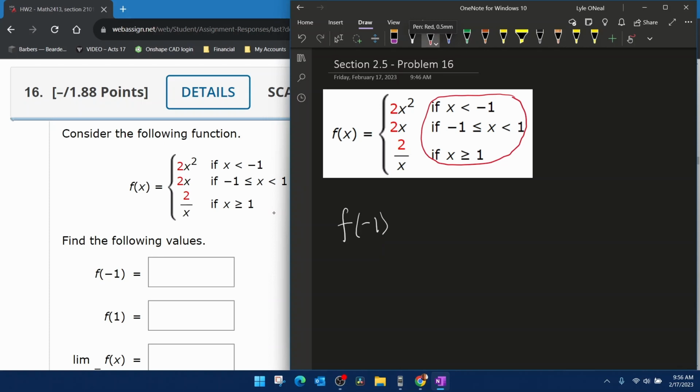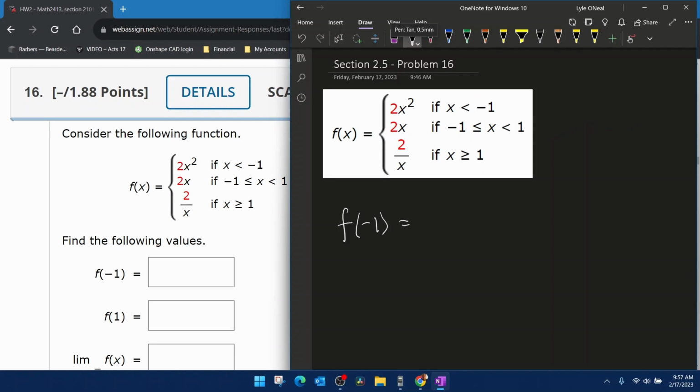So first question, is -1 less than -1? Is that true? No. And so then you move to the next inequality and you test there. So plugging in -1 for x, we would say, is -1 less than or equal to -1? And that is true.